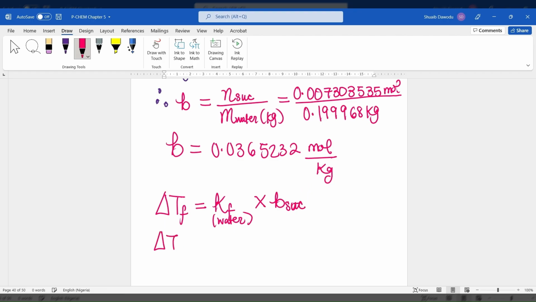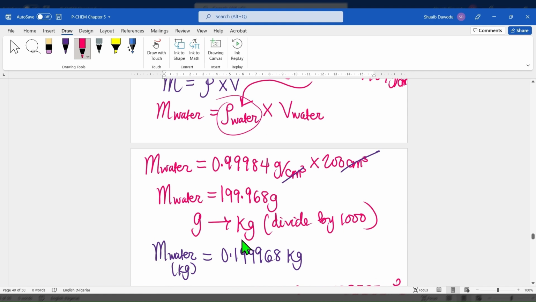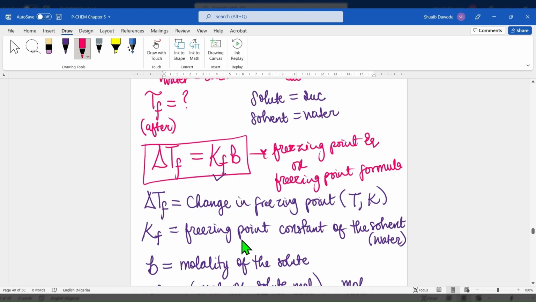So we just substitute. K sub F is simply 1.86 Kelvin kilogram per mole, just like we have seen up here when I wrote it down.